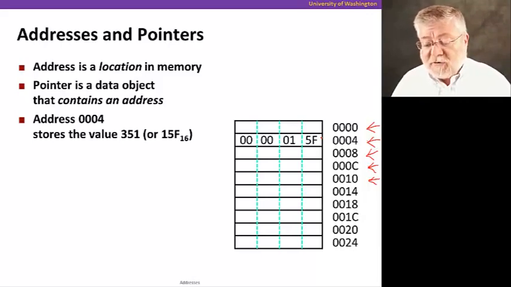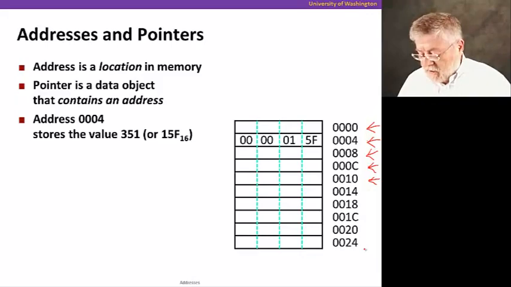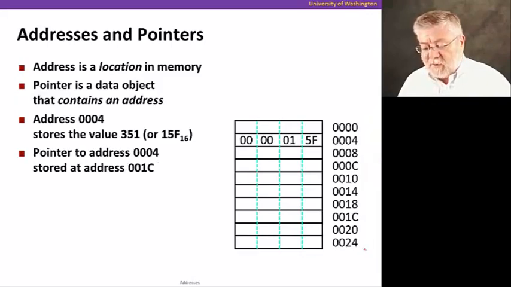Now, an address is a location in memory, as we've said. So we have these different addresses here from 00 hex down to 24 hex for all these various locations in memory. A pointer, unlike an address, is a data object that contains an address. So let me give you an example.